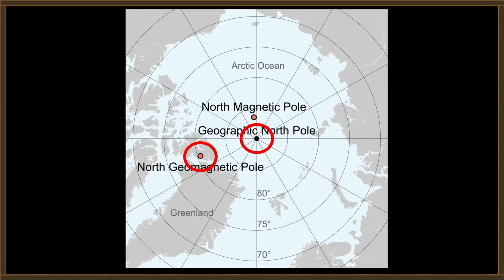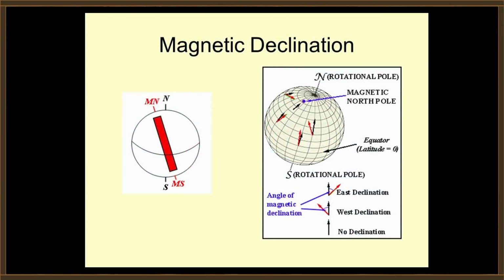We need a way to correct our compass readings for this misalignment, and that's what magnetic declination does. The Earth's magnetic field is very complicated, but a simplified model just looks like a bar magnet running right through the center of the Earth with antipodal north and south poles.